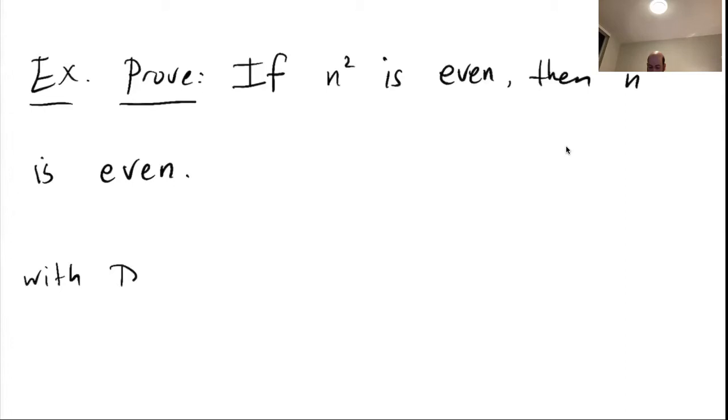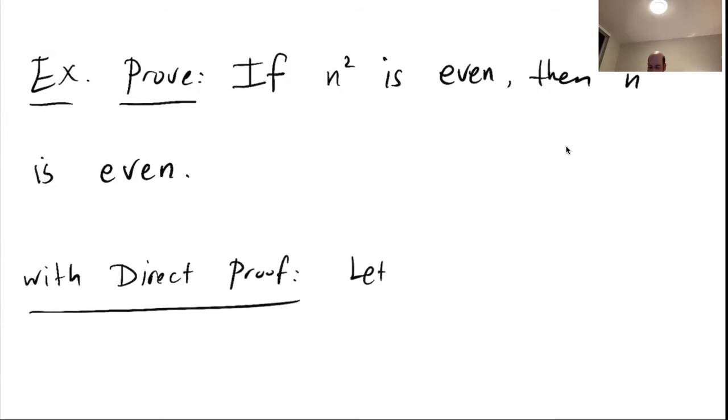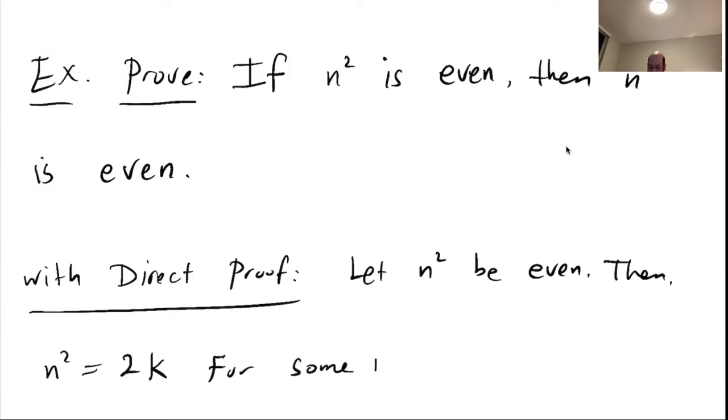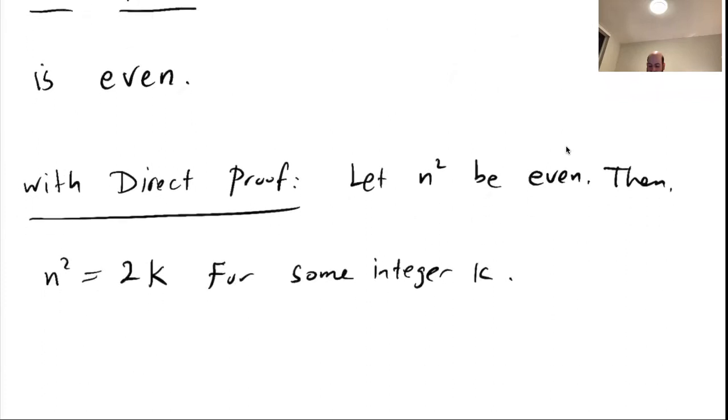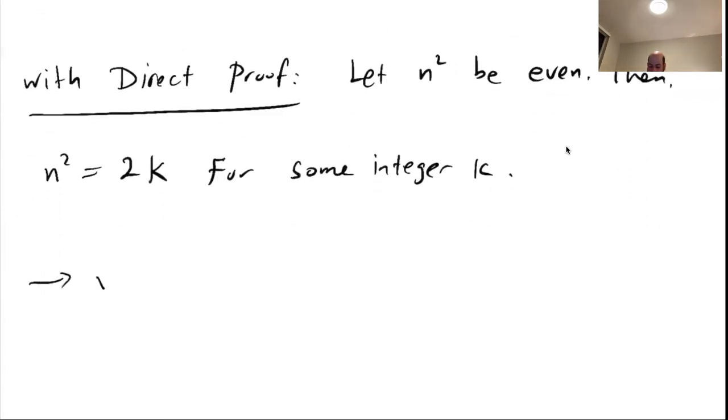So with direct proof, let n squared be even. If I have an even number, that means that number can be written in the form, let's say, 2k, for some integer k. Now, what do I want to have at the end? I want to have n. So I have to take the square root of both sides. So square root of n squared equals square root of 2k.